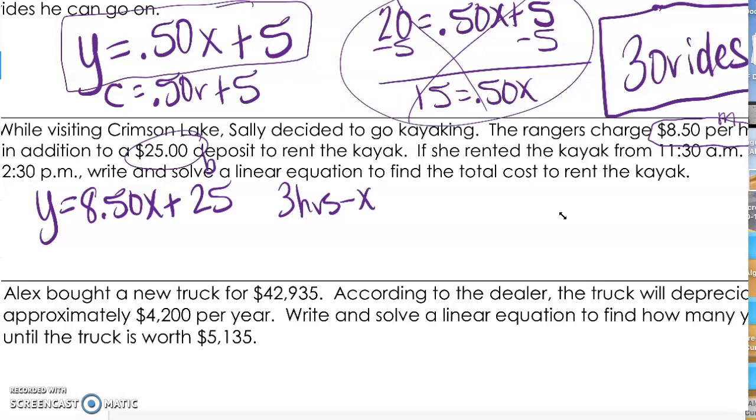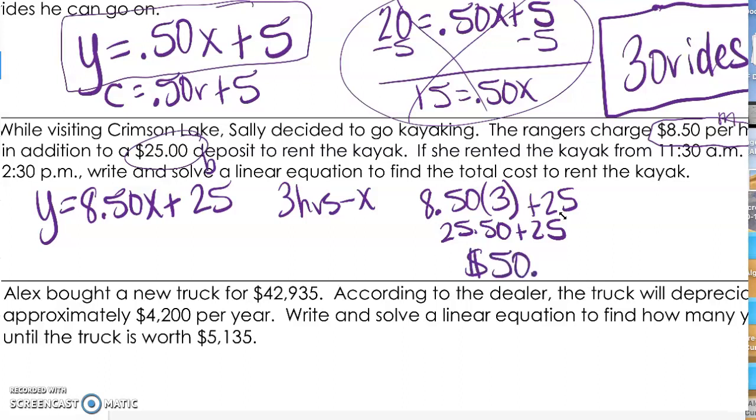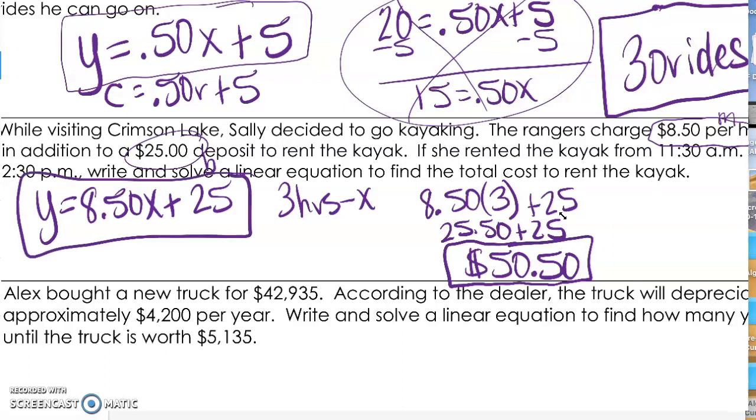So instead of having to solve like we did up above, you're actually just going to plug this in. 8.50 times 3 hours plus your $25. So it's going to cost her $25.50 plus 25. So the total is $50.50. Again, I need to see that answer, and I need to see the plain equation. If you want to use different letters, you can do that.